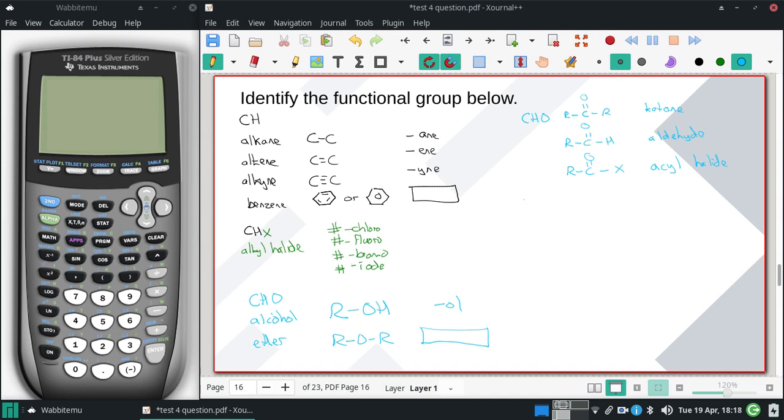All right, the next thing that we're going to do, still with that same carbonyl, the carbon double bonded to oxygen, this time we're having it connected to an O and then an H. So kind of like an alcohol, but on the carbonyl, and if you have that, you have a carboxylic acid.